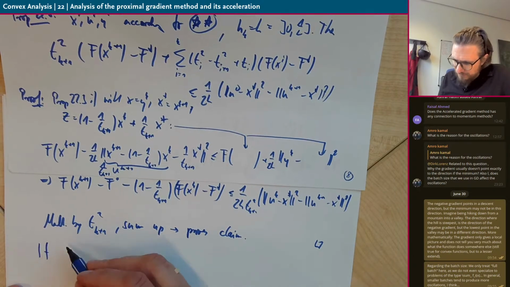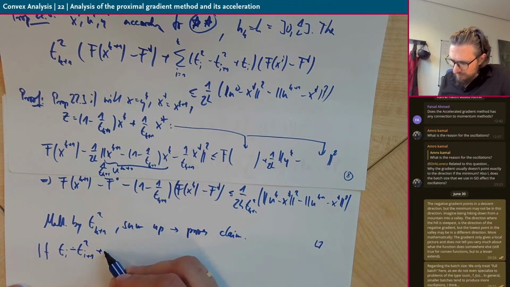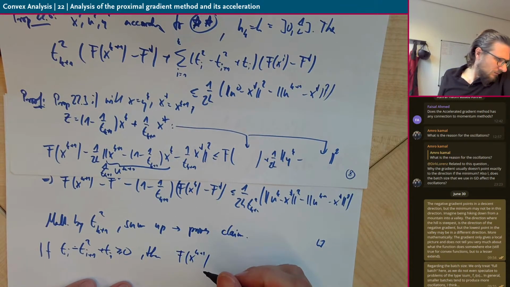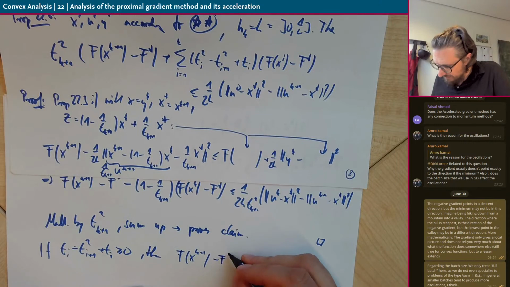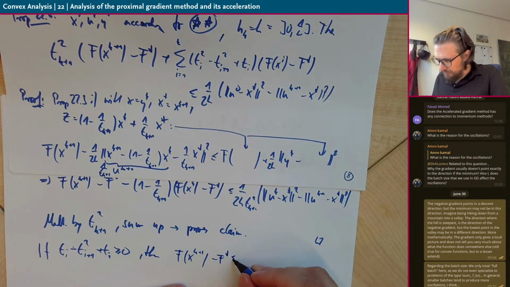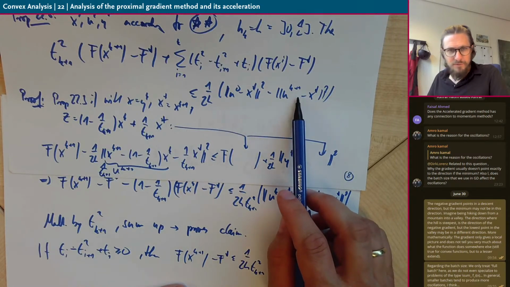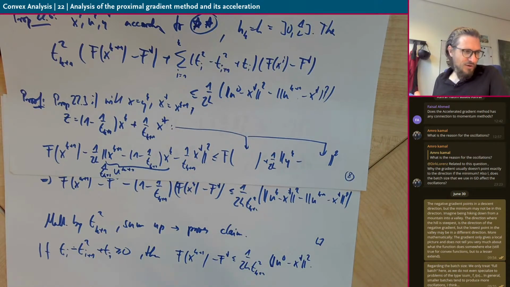So as before, if t_k squared minus t_{k+1} squared plus t_{k+1} is positive, then we get that f of x_{k+1} minus f star is smaller equal 1 over 2h t_{k+1} squared, and then we can omit this term here because it's going to vanish anyway, and this is just u_0 minus x star squared, which would give us the desired convergence. Actually, again, x_0 is equal to u_0.